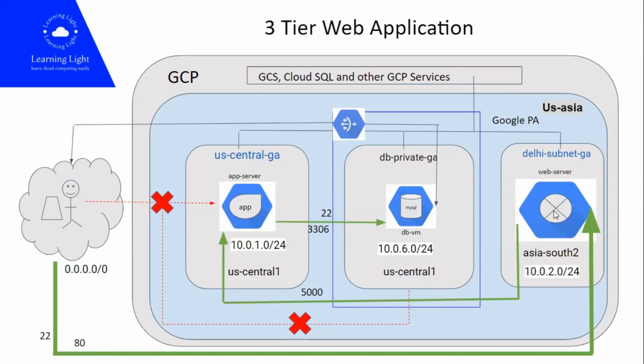At the same time, however, we will disallow the earlier allowed SSH port from our app server located in US Central GA. And we restrict the Flask Python application port 5000 to within our web application located in the Delhi region. Thus, we will block all the outside connections to the app server and make it a secure, private one. So let's get started.